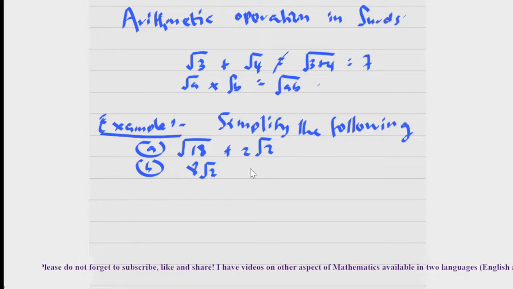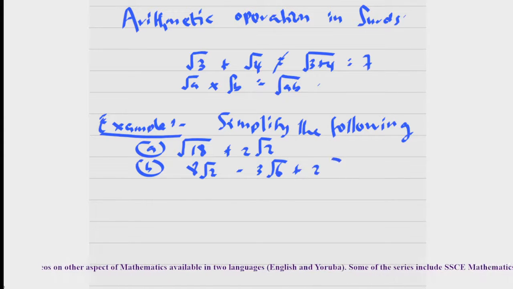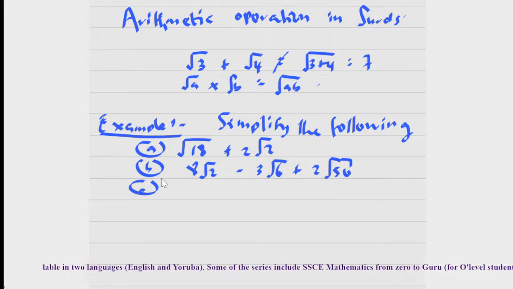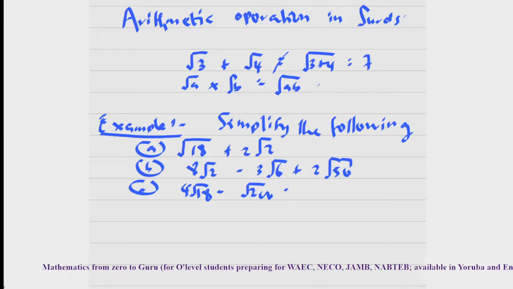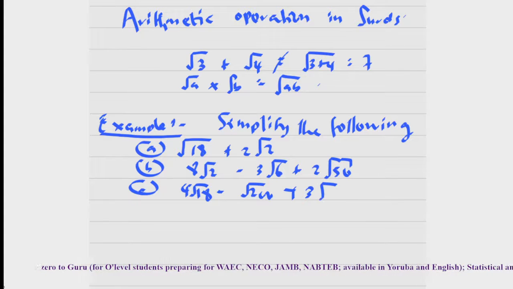Number two, 8 root 2 minus 3 root 6 plus 2 root 50. And lastly, you have 4 root 18 minus root 200 plus 3 root 50. Okay, now let's continue.